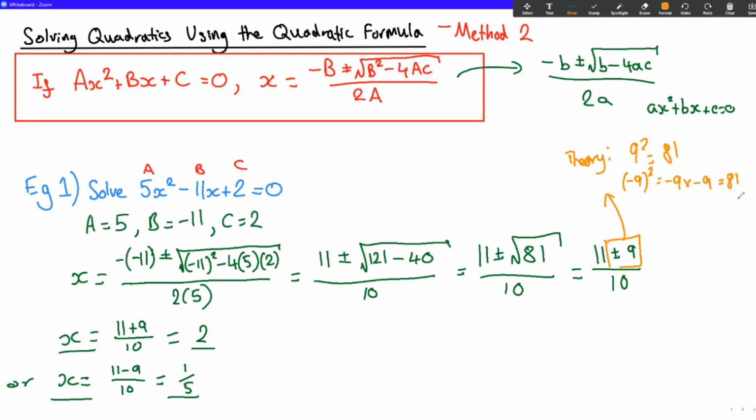So again, we get 81. So it doesn't matter whether it's plus 9 or negative 9. We'll still get 81. So when we're square rooting 81, we can either get 9 or minus 9, because we don't know what we squared to get 81 in the first place. It could either be 2 9s multiplying together or 2 minus 9s multiplying together. That's why the plus or minus works. That's why we get 2 answers.